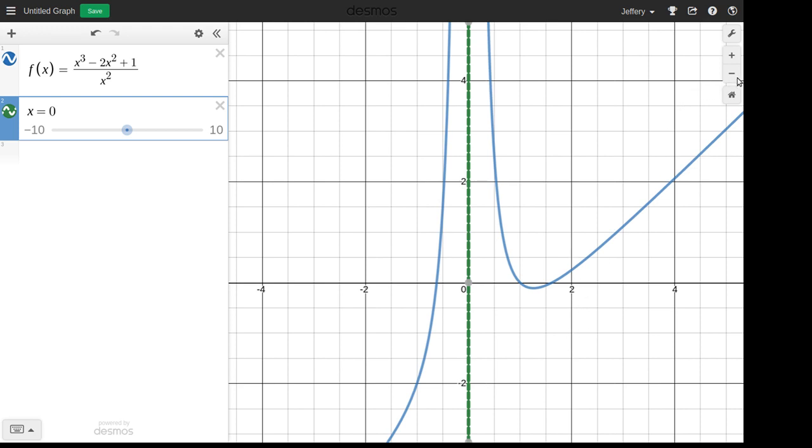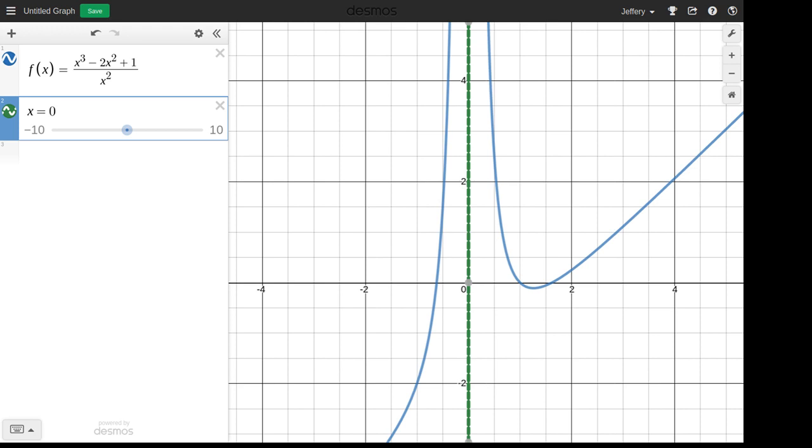So asymptotes are lines the function approaches but never touches.